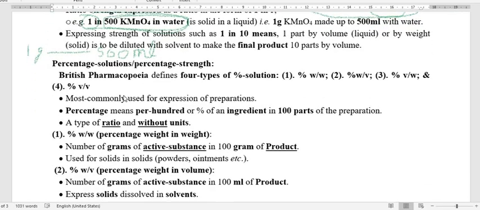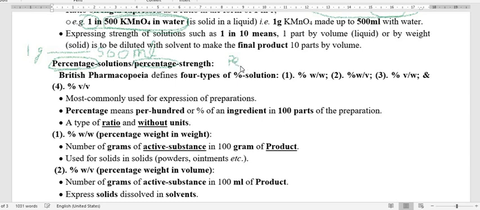Now we have to go through the percent solution. What is another name for this percent solution? Another name is percent strength. What is the meaning of percent? Percent indicates per 100 or in 100. Percentage means in 100.